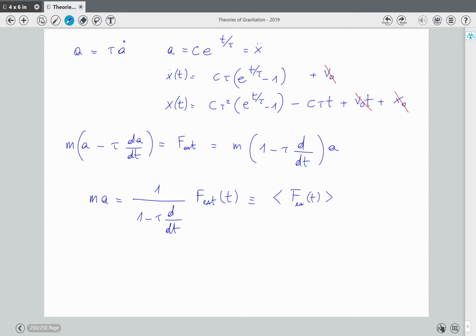However, there is a unique way to choose the green function so as to have a correct limit for tau going to 0.